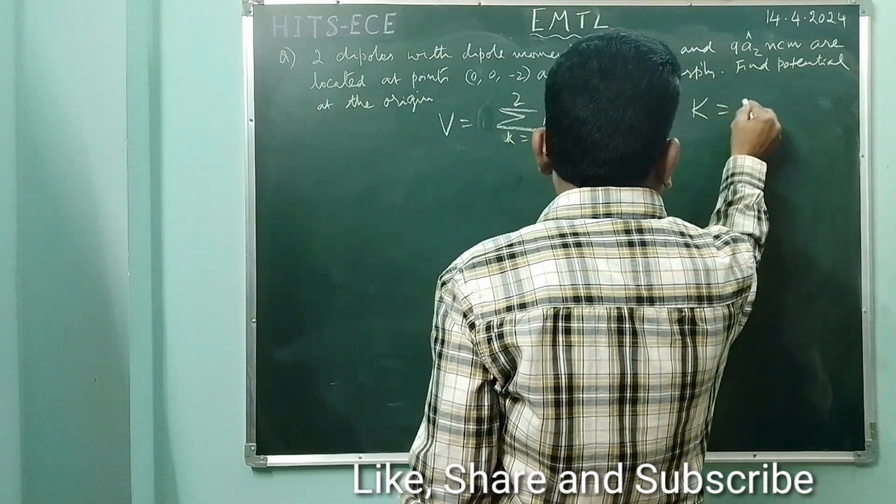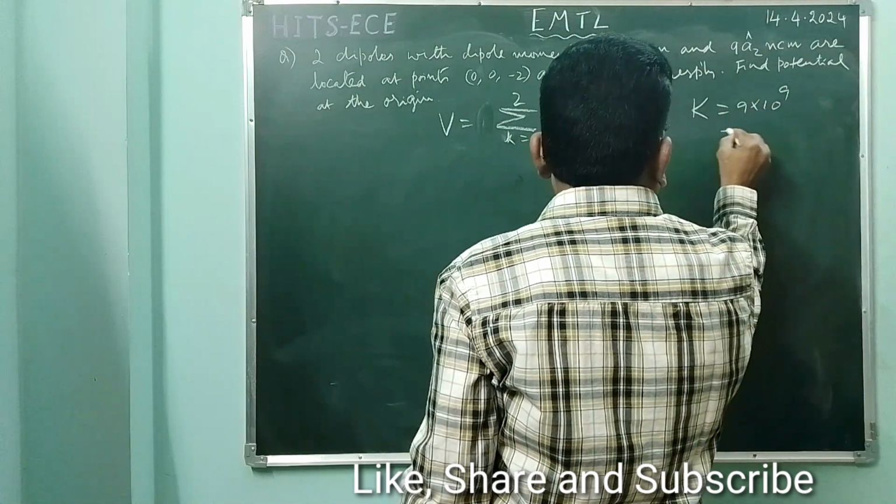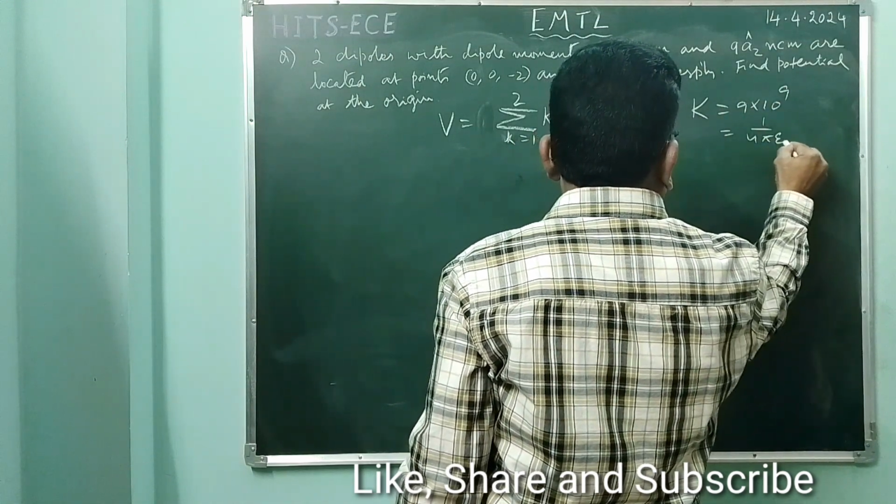This k is equal to 9 into 10 to the power of 9, which is equal to 1 by 4 pi epsilon naught.